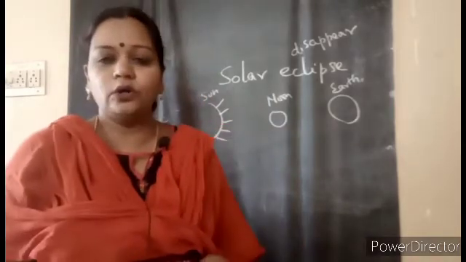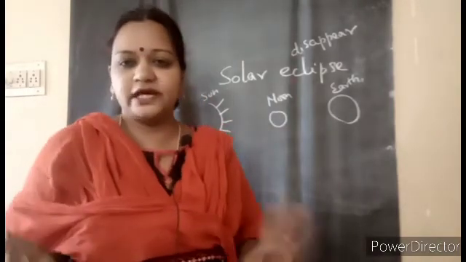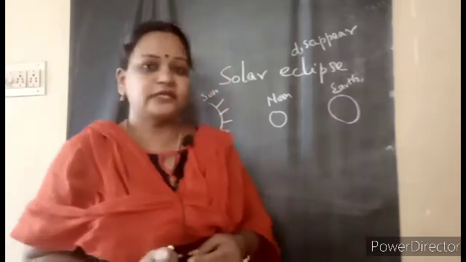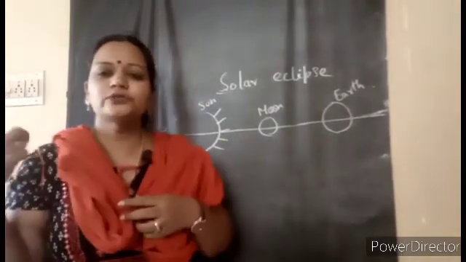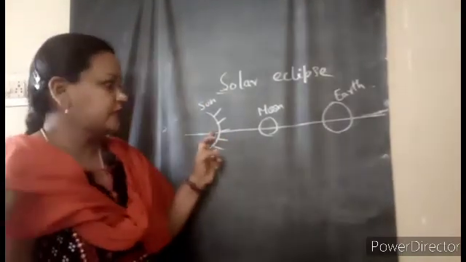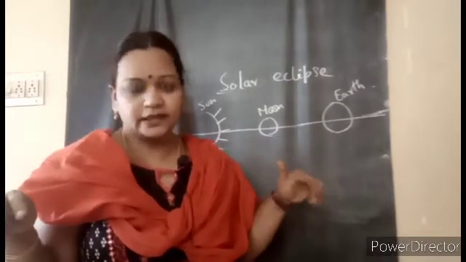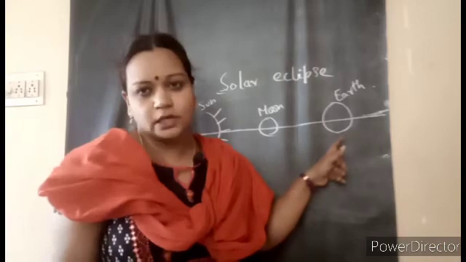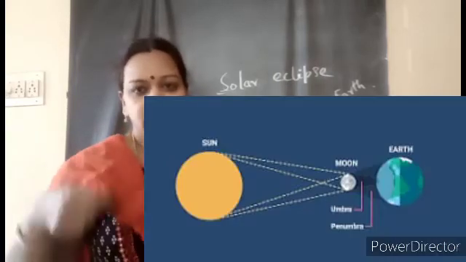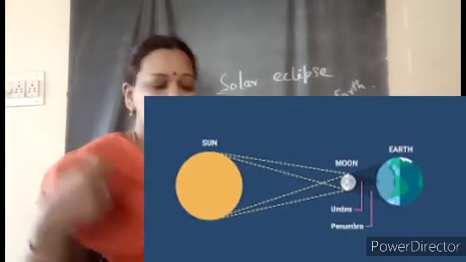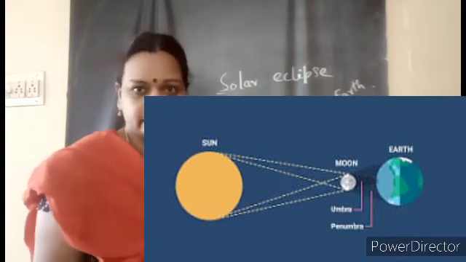That's why when you want to draw the solar eclipse, you cannot draw it in a zigzag way. Then only you can understand that. You do not understand? Yeah children. So during a solar eclipse, what happens? Sun, moon and earth will be in a straight line. Yes, you all know that the earth is rotating and revolving around the sun, and the moon is also moving around the earth. Yes, no children?